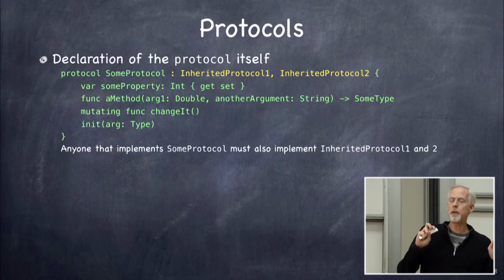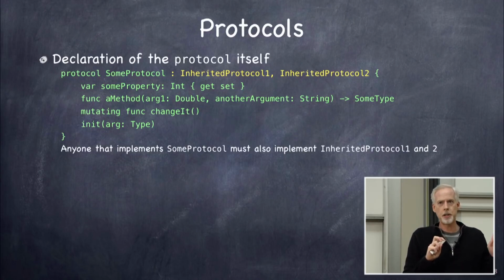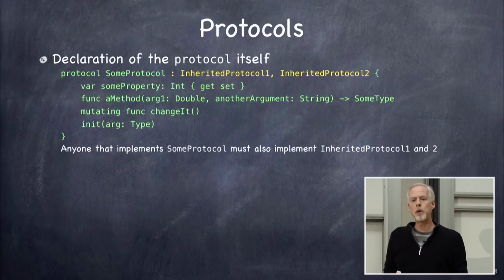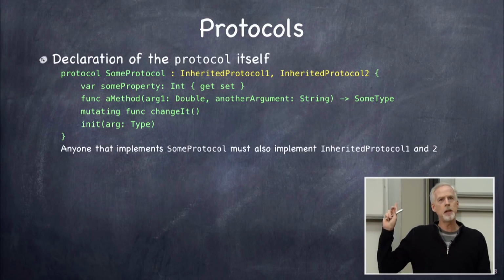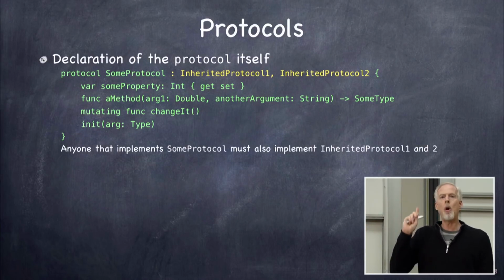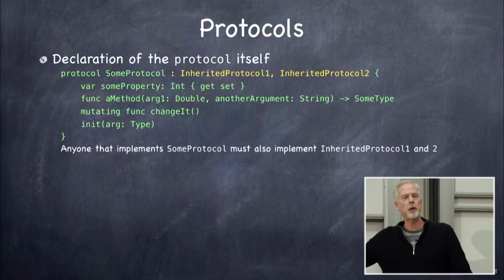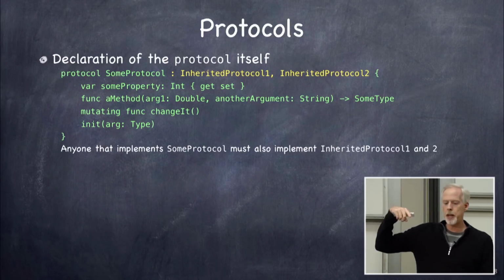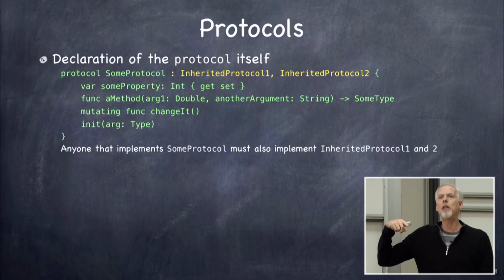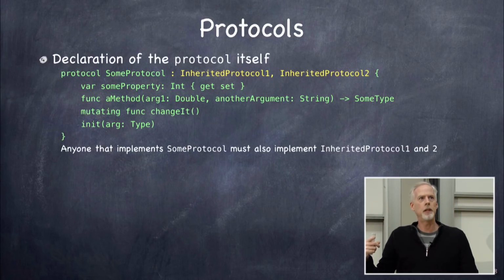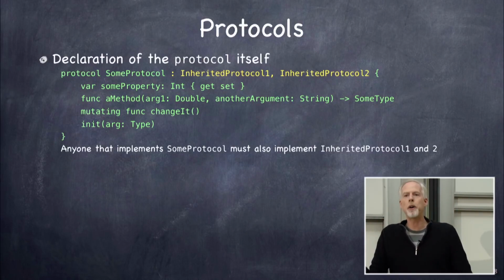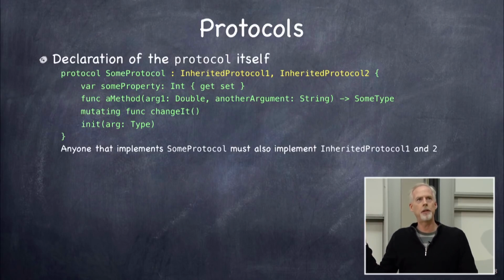It means a little bit different thing than in a class. Okay, inheritance in the protocol world means if you want to claim to implement some protocol, you also have to implement InheritedProtocol1 and InheritedProtocol2. So it's almost like it's mandatory additional protocols you must implement if you want to say you implement this protocol. We call that protocol inheritance. Okay? We call it that because SomeProtocol inherits the requirement to implement these other protocols.